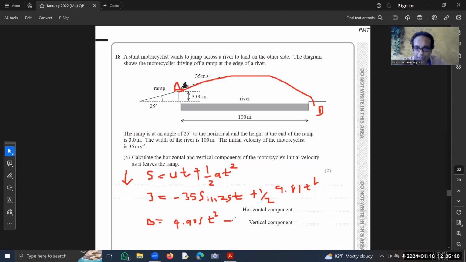We calculate how much 35 sine 25 is. 35 sine 25 is 14.79, minus 14.79t minus 3. Okay, then we'll use the quadratic mode in the calculation.